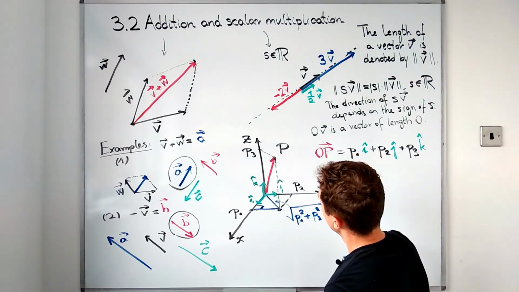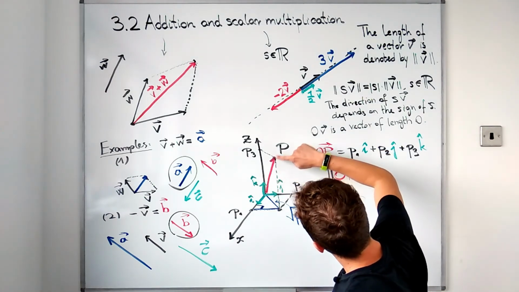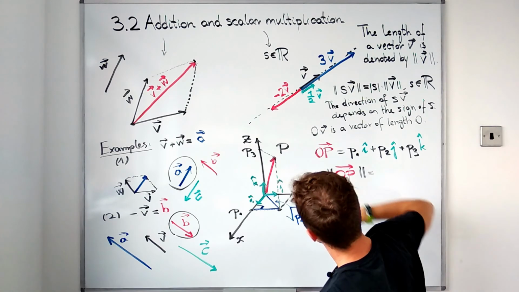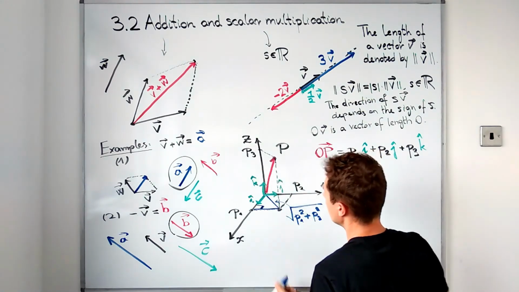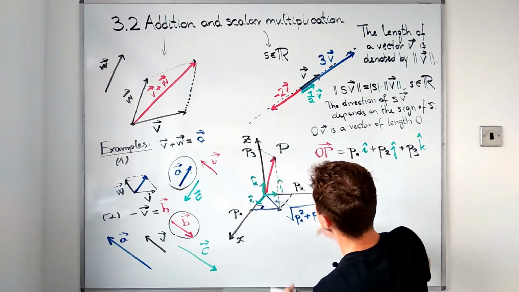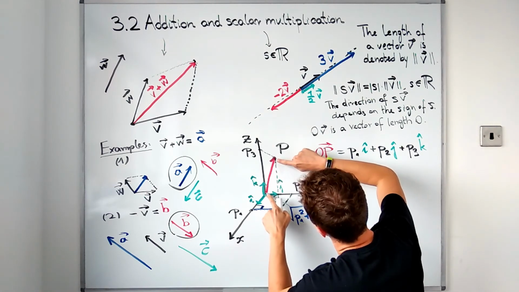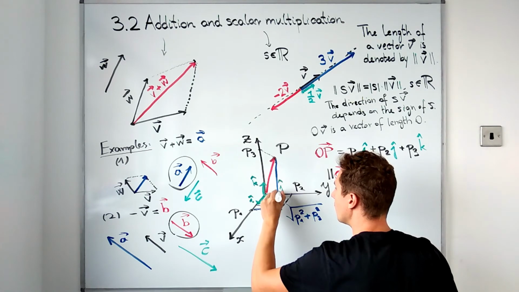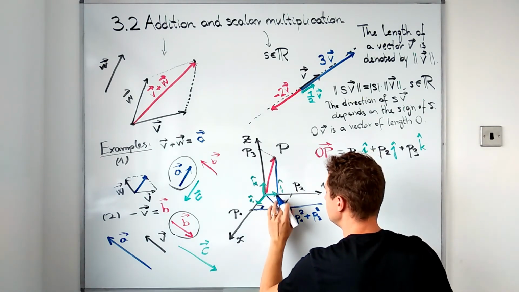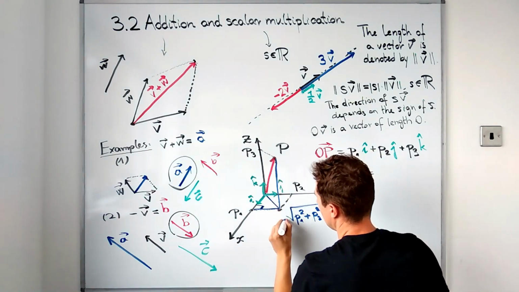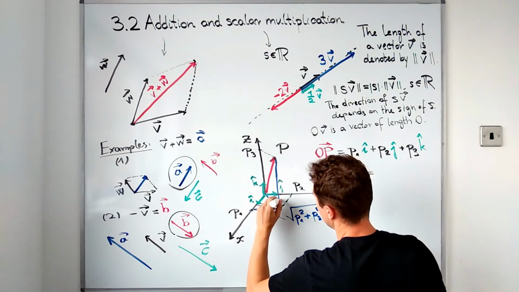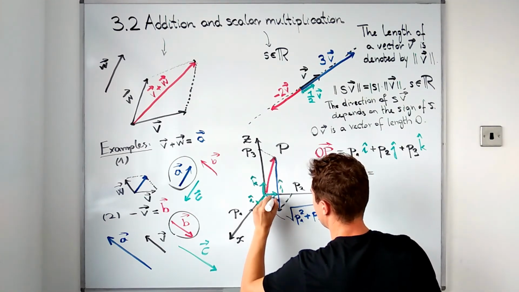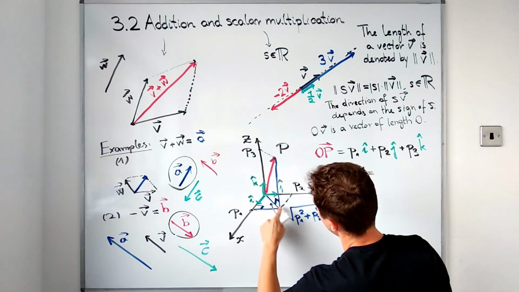Okay? So in order to get the length of our vector, what we need now is to have another right-angled triangle which has this segment OP in it as a side, and indeed this right-angled triangle right here is such a triangle.